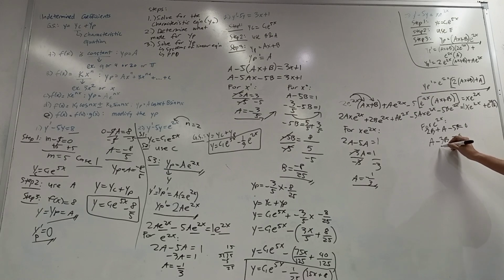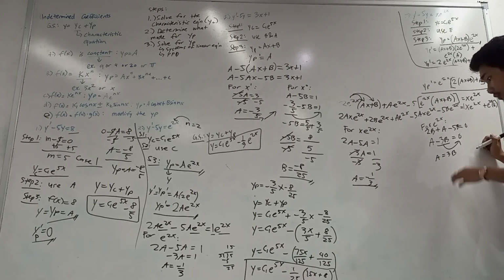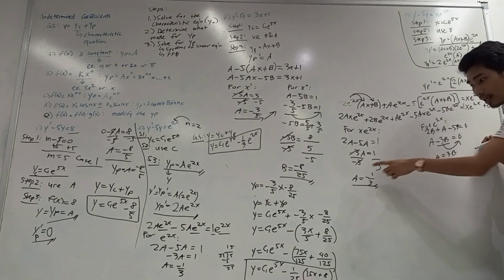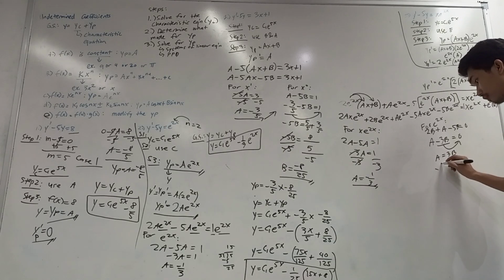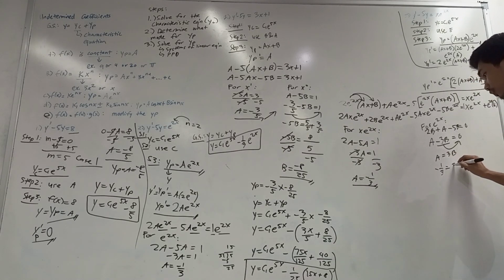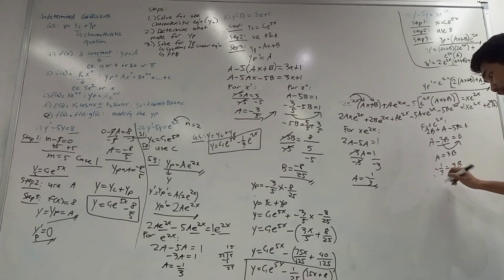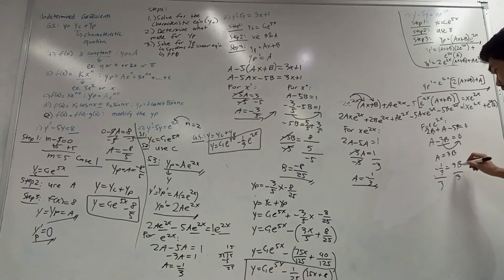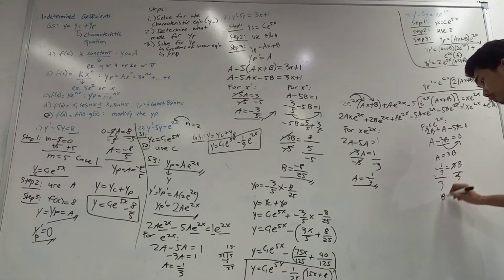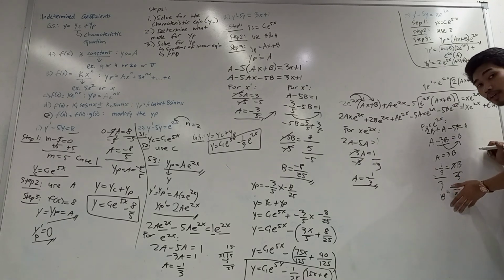So, ilipat lang natin ito sa kabila. So, a is equals to 3b. But we know, ang a natin is equals to negative 1/3 equals to 3b. Solving for b, divide tayo ng 3 on both sides. b is equals to negative 1/9.